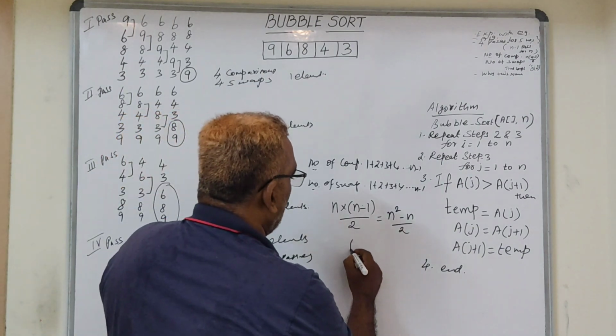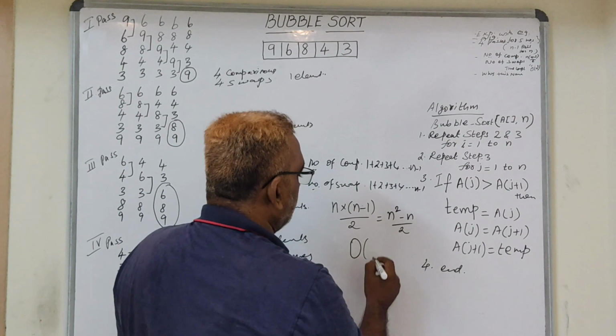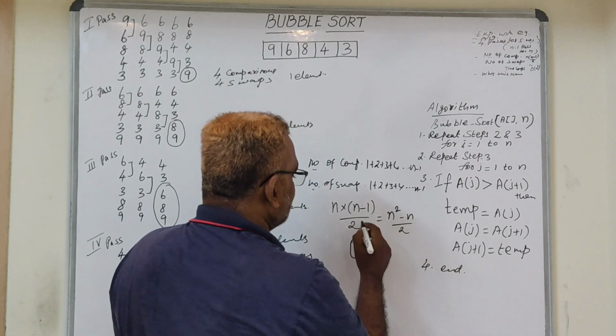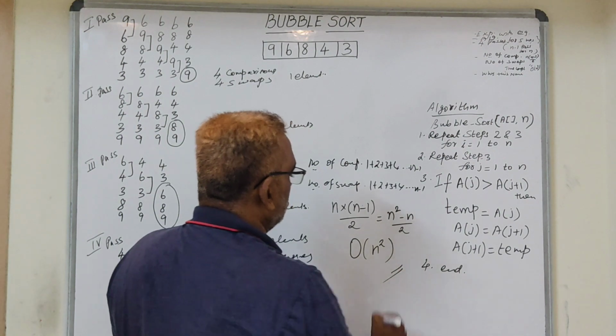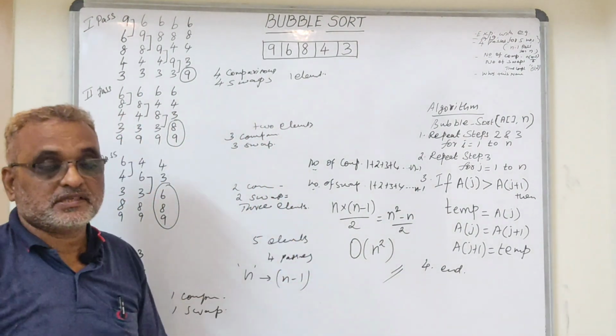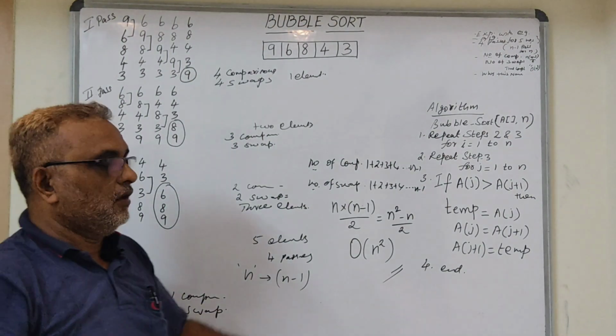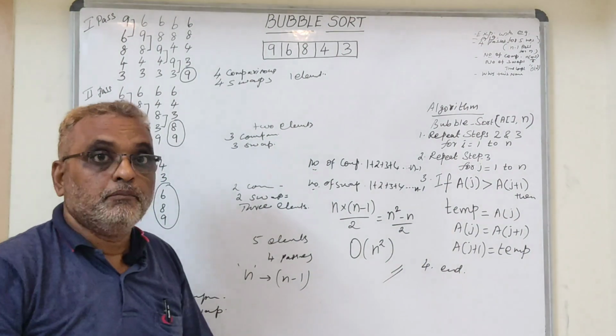So the time complexity for this bubble sort is order of n square. Make a note of this. This can be asked as a question: What is the time complexity of bubble sort?